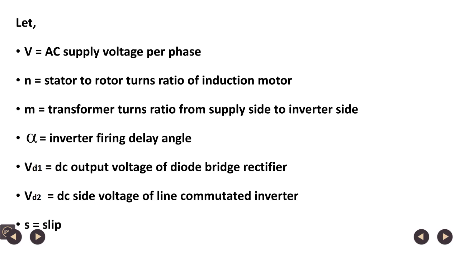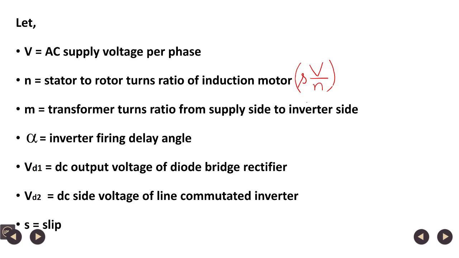So, the rotor voltage per phase at standstill condition is V by N. At a slip S, the rotor voltage per phase is S V by N, and M is the transformer turns ratio from the supply side to the inverter side, alpha is the inverter firing delay angle, and VD1 is the DC output voltage of the diode bridge rectifier, VD2 is the DC side voltage of the line commutated inverter, as we have marked here.